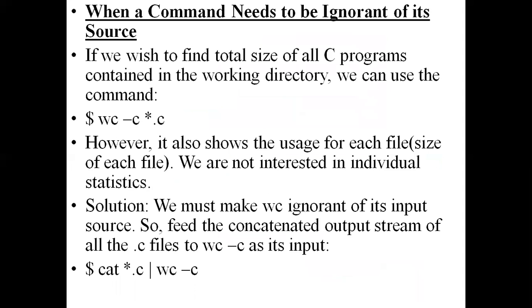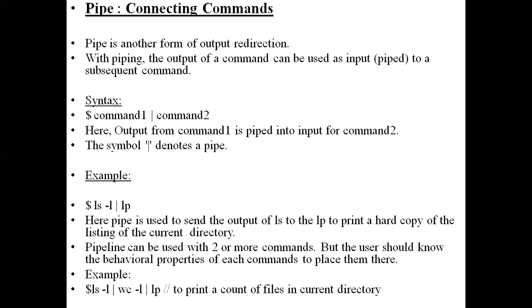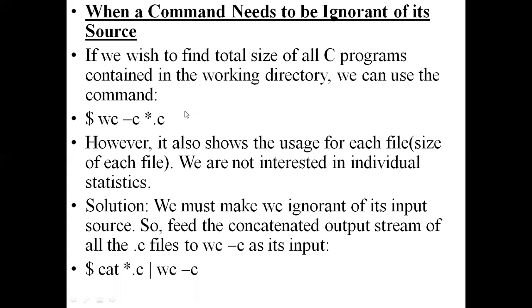So far in this presentation session, we covered the last type of output redirection, that is using a pipe, how the output of a first command can be given as input to the second command. Later on we saw how we can make a command become ignorant of its source. This is the solution to make wc become ignorant of the source.